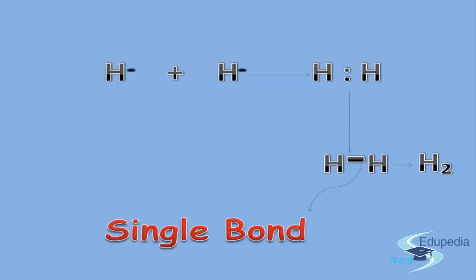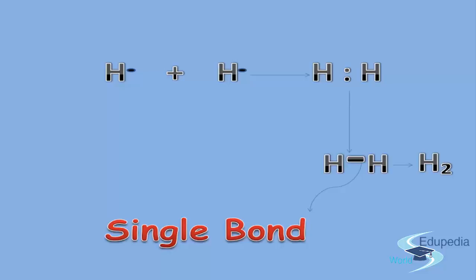We know that the atomic number of hydrogen is 1, so its electronic configuration is K1. The hydrogen atom has only one electron in the outermost shell, and this is not a stable arrangement of electrons. A stable arrangement is to have two electrons in the K shell, like helium, which is more stable than hydrogen gas. So the hydrogen atom needs one more electron to become stable.